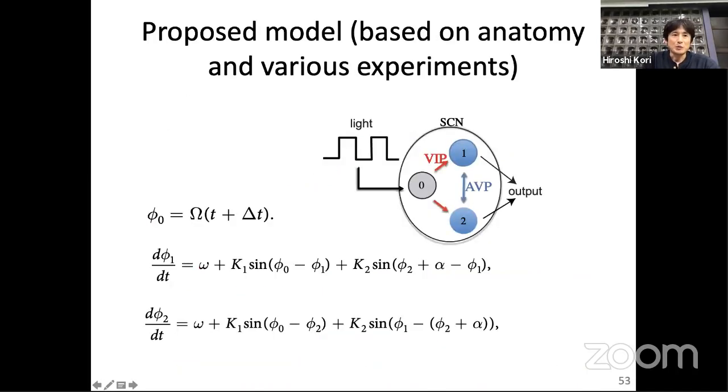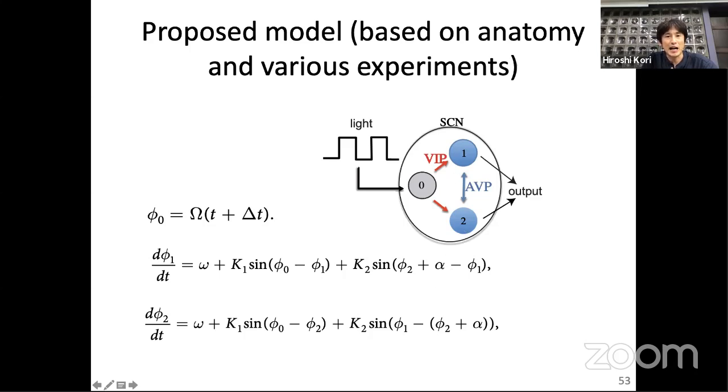To tackle these problems, we propose these phase oscillator models based on anatomy and various experiments. We describe the SCN as phase oscillator groups, 3 groups inside the SCN. Basically 2 groups are important, group 1 and group 2. This is the main body of the oscillators, and they interact with each other with this function to make the phase distribution between these oscillators.